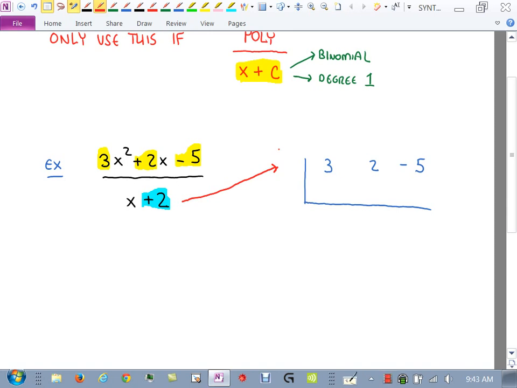So it's a positive 2, and we are going to place a negative 2 here. Change the sign. So what if it had been negative? What if it was x minus 2 down there? You'd put a positive 2 there, right? Okay, that's the setup for synthetic division. That's what will get us started.